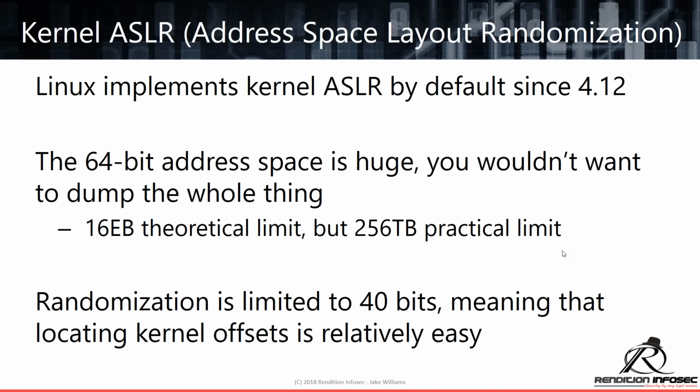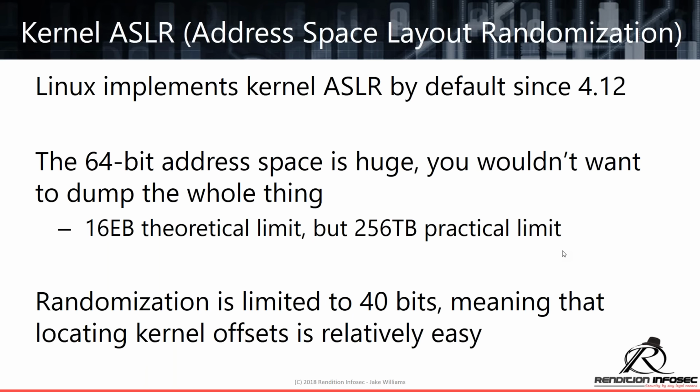The problem here is that I don't have to go through the whole 40 bits. I just have to take some educated guesses inside that 40-bit randomization, and if I find any kernel memory, it's in that area of the address space. It doesn't randomize across the whole 256 terabytes. It picks an area at every boot and says, yep, let's put the kernel there.